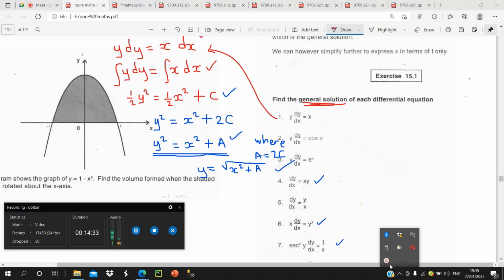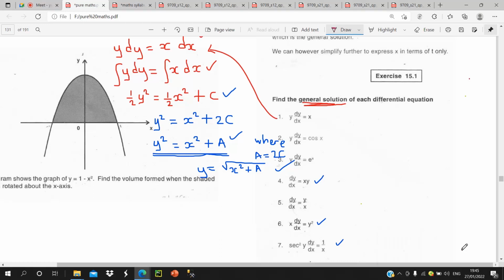So on number 6, the first thing you need to do is to cross multiply. If you cross multiply, you are going to have x dy is equal to y squared dx, right?